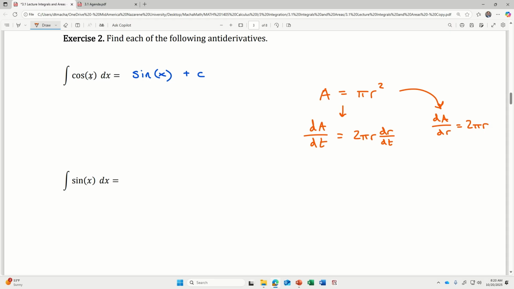Those are different situations. And so whenever I say we're taking the antiderivative with respect to x, that tells me which derivative I'm taking the antiderivative with respect to, because you would get a different answer if you were taking an antiderivative with respect to a different variable.